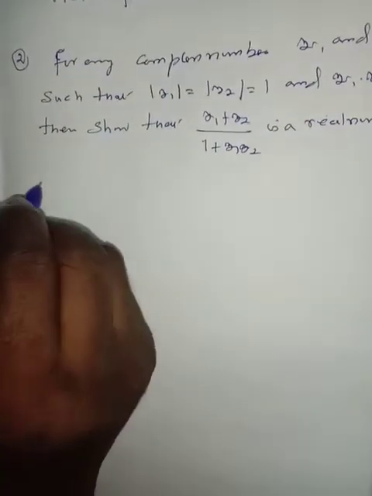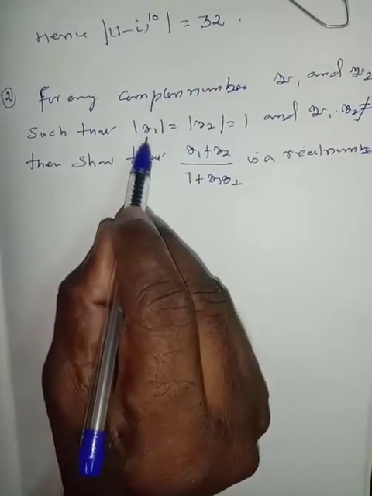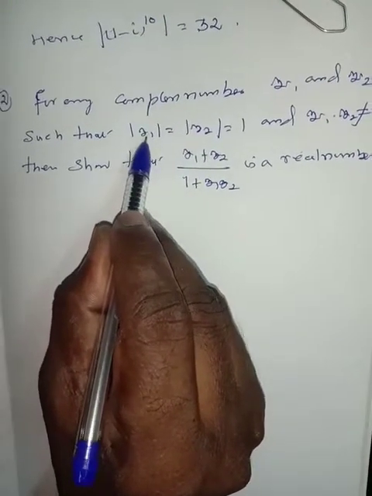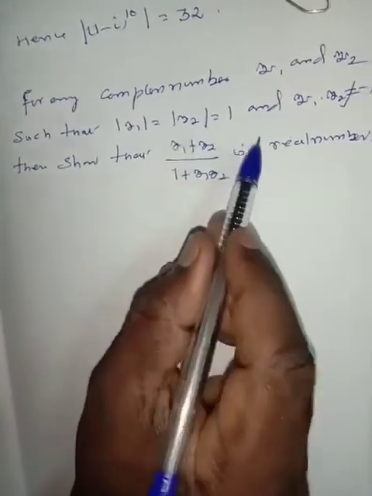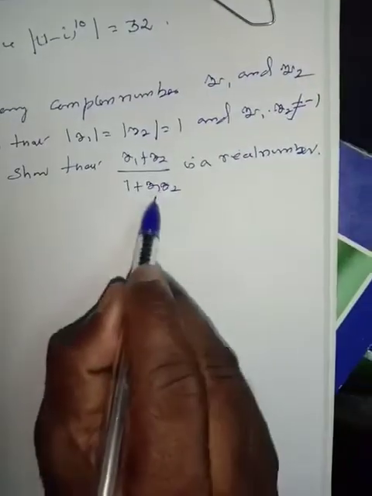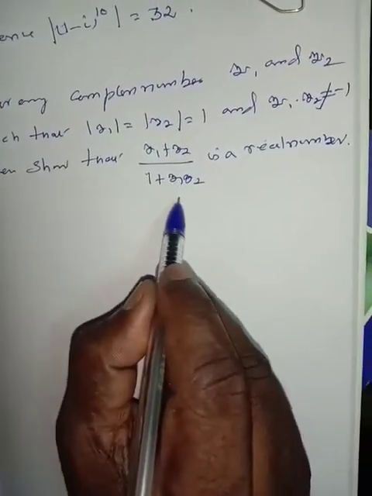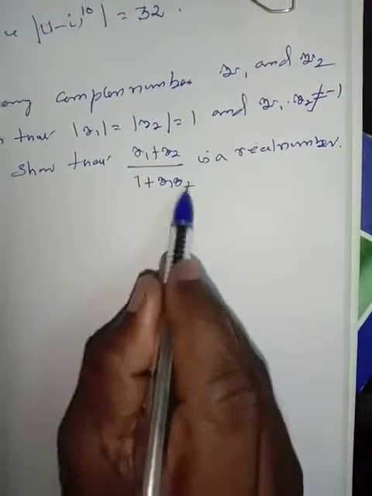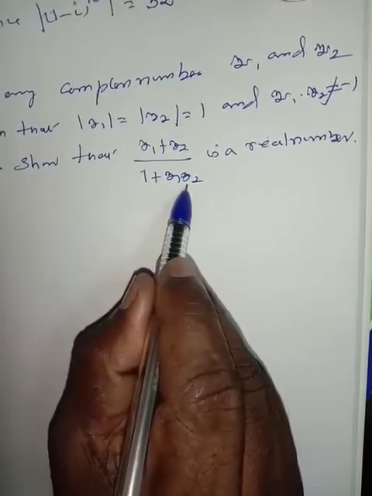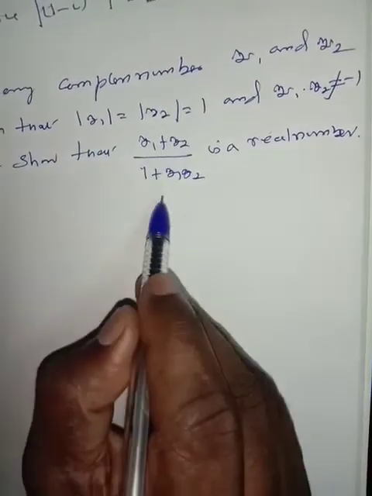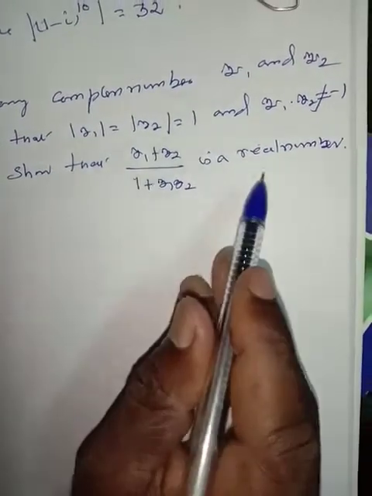Let the given condition be mod Z1 is equal to mod Z2 is equal to 1, and the denominator, the product of Z1 and Z2, is not equal to minus 1. Suppose it is minus 1, then 1 minus 1 is 0. Anything divided by 0 is infinity. We cannot find the complex number.